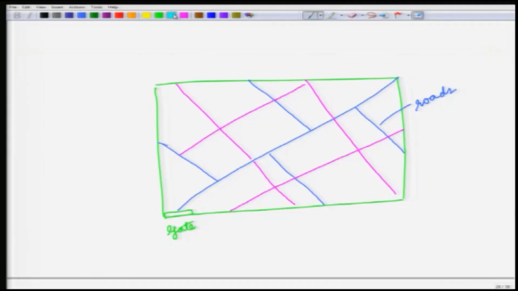Now, an inspection path will not be a road, but it will be more like a pagdandi that is moving inside. So, on an inspection path, people can move on foot and have a look at the plantation, to monitor the plantation, to grade the plantation.